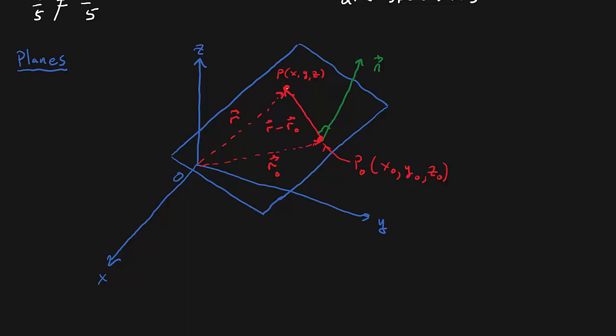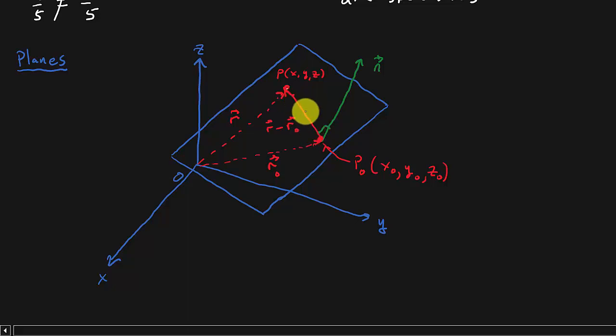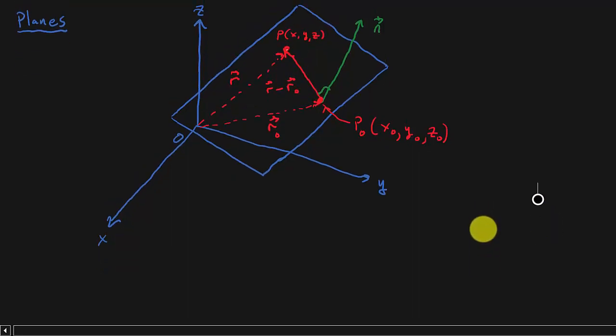All right, so we know that if N is perpendicular to this vector, then we know the dot product of those is 0, right?